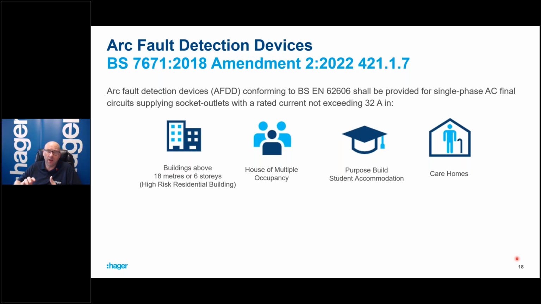So we started looking at this in light of Grenfell Tower. We started looking at difficulty for evacuation in high-rise buildings, and we could see that additional fire protection by AFDD would be particularly suitable in those higher risk types of environments.